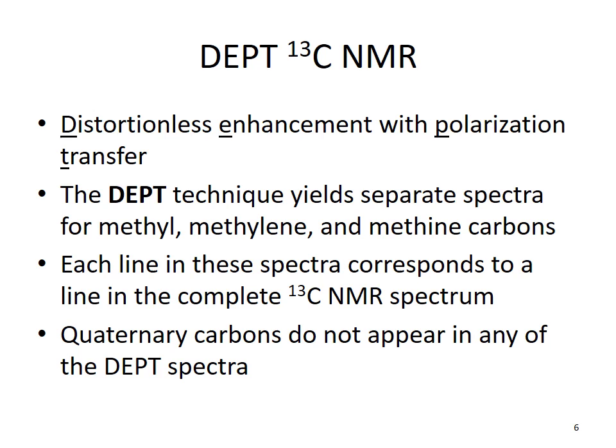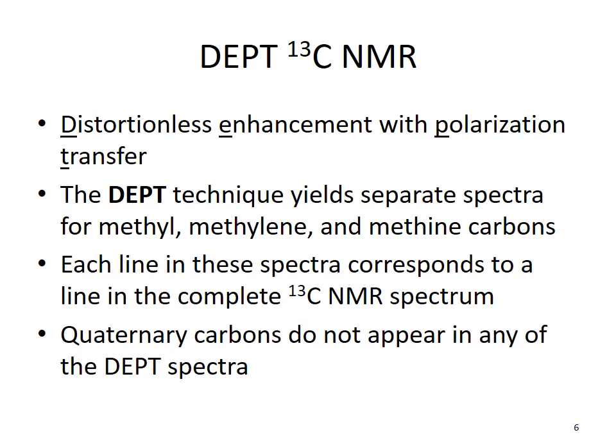There's something called DEPT carbon-13, and I'm not going to go into how it works, but you get separate spectra for how many hydrogens are attached. In the DEPT spectra, you do not get a spectrum for the quaternary carbons, they're gone.